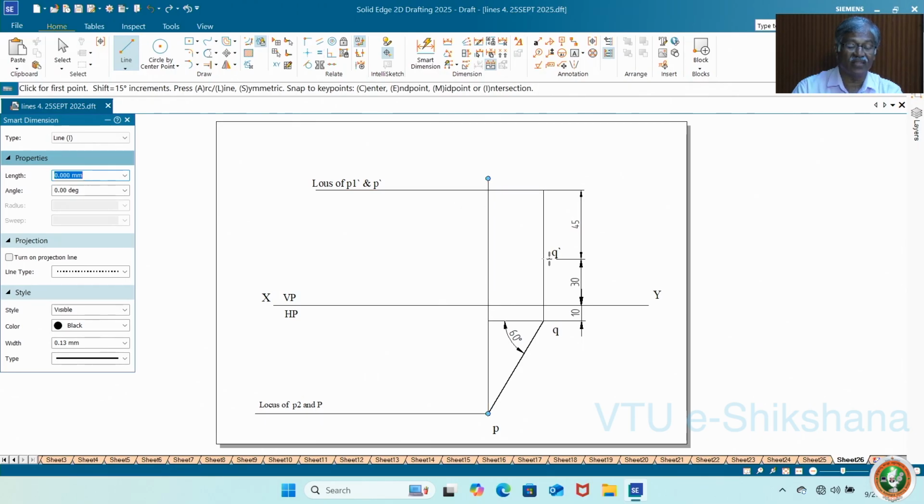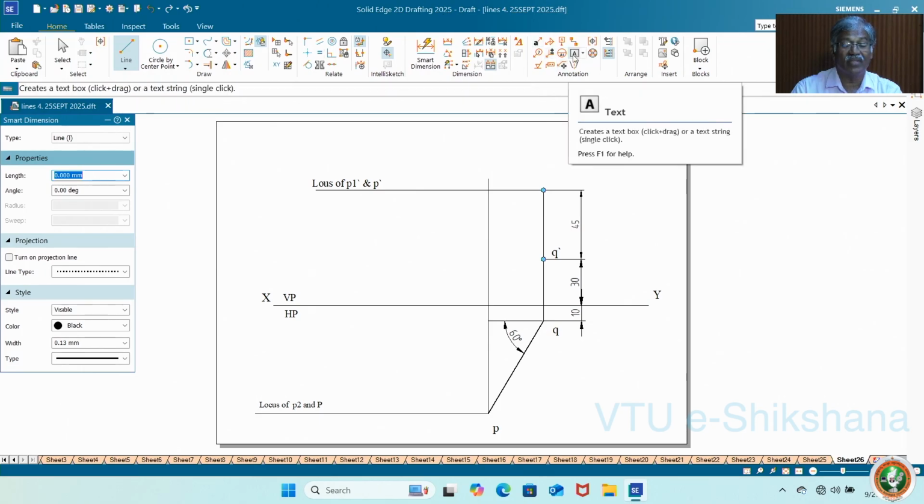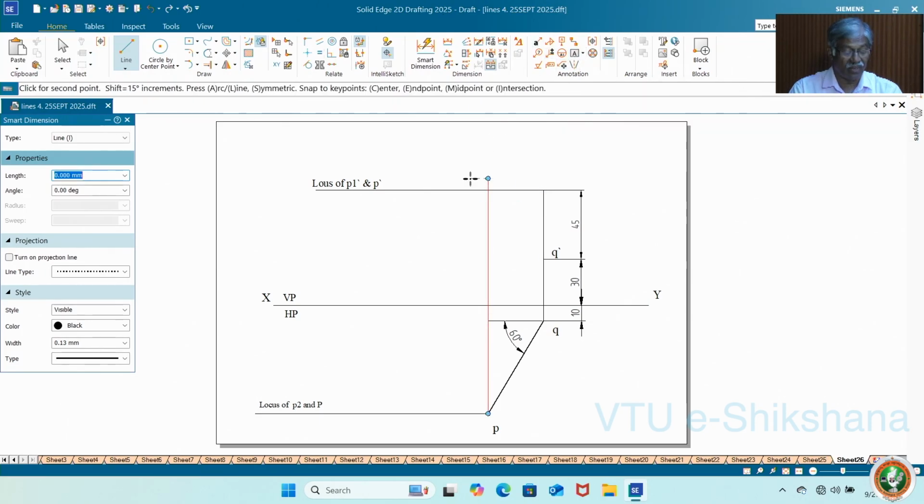Okay, here is Q dash, P dash, Q dash. So let me name this as P dash. Final projection is ready.